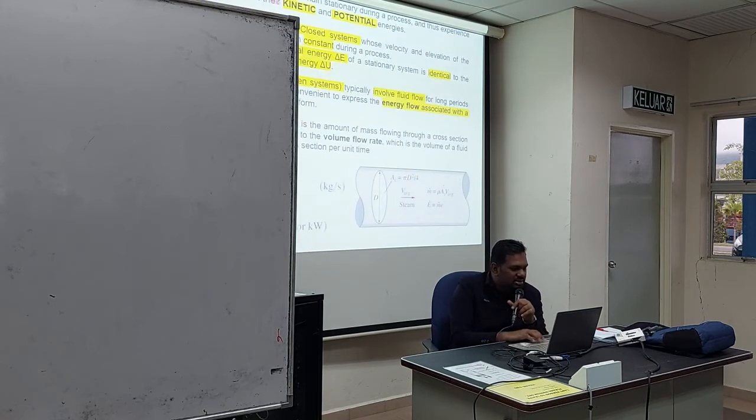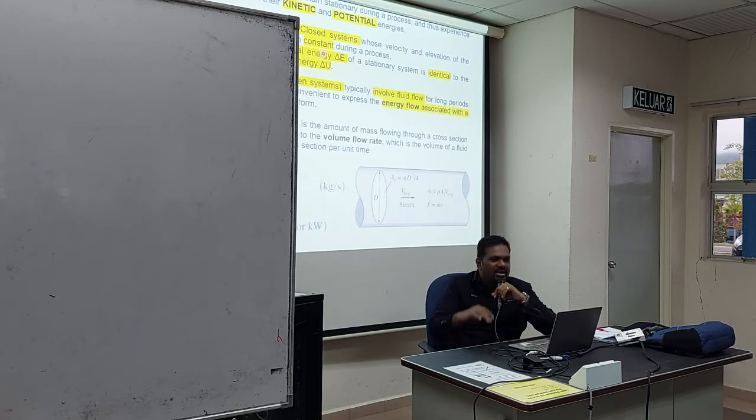Okay, so most closed system remain stationary during the process, thus experience no change in the kinetic and potential energy. Yang ni basically lah, normally it will be like this. So stationary system, a closed system whose velocity and elevation of the system remain constant.